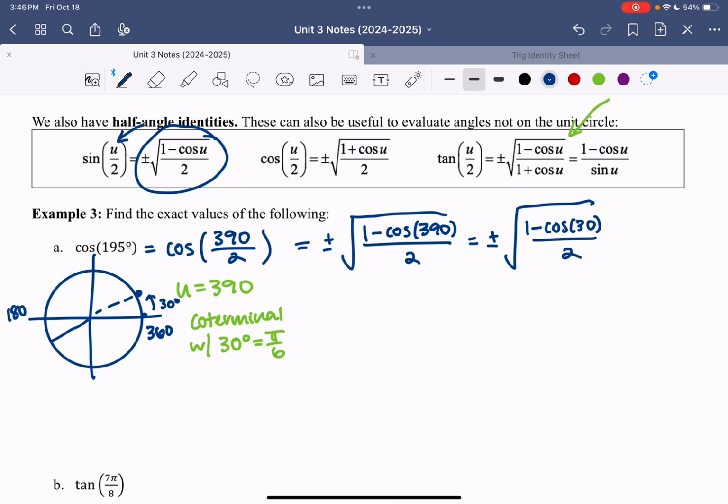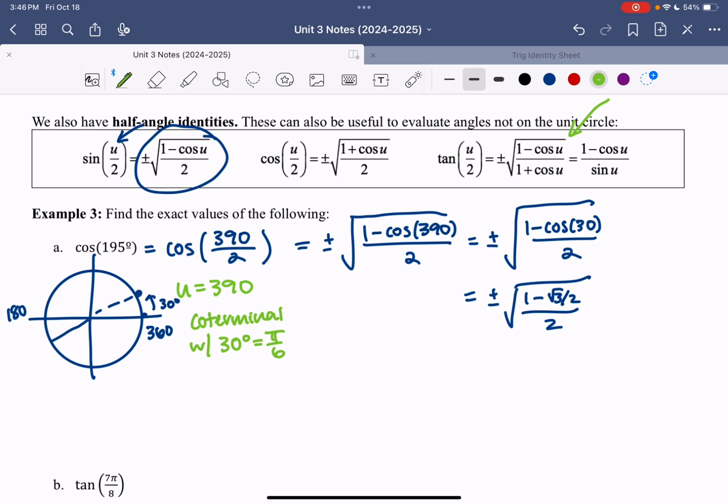Okay, so since that's a value on our unit circle, we are able to evaluate with it. So that's equal to plus or minus the square root of 1 minus cosine of 30, which is square root of 3 over 2, all over 2. All right, we're going to manipulate that in a second, especially because we have this fraction in a fraction ordeal, and we do want to manipulate that.